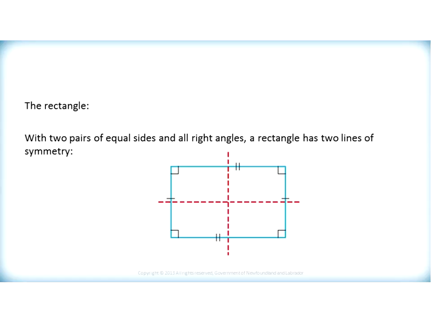If we cut our rectangle through the vertical line and then place a mirror there, we're going to basically get the opposite side. And if we place a mirror along the horizontal red line, we're going to see the same thing. We're going to see the exact same shape appear in the mirror image as what we see right now in front of us.